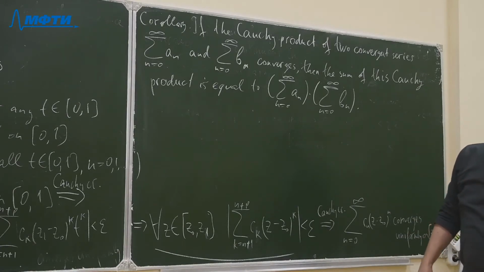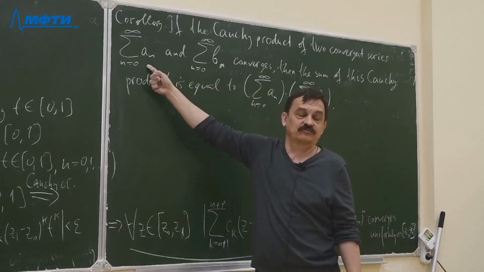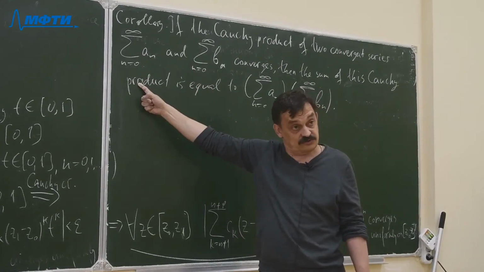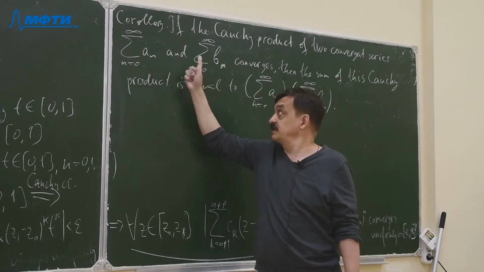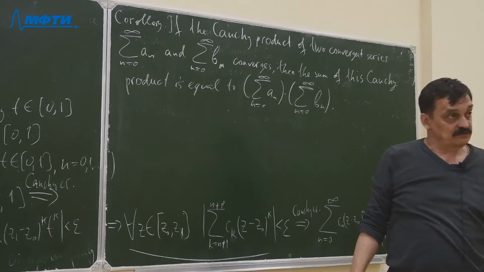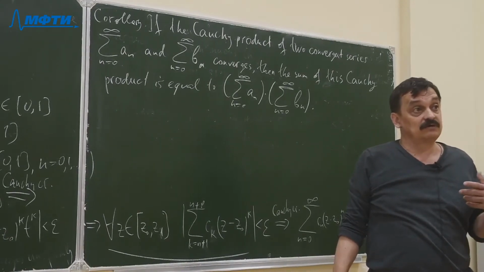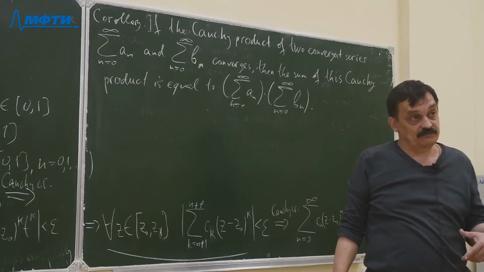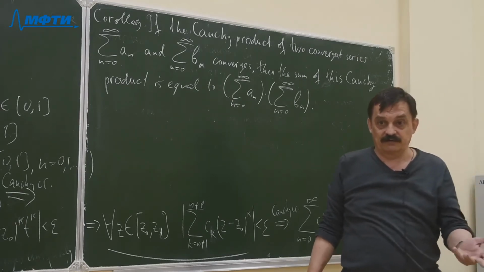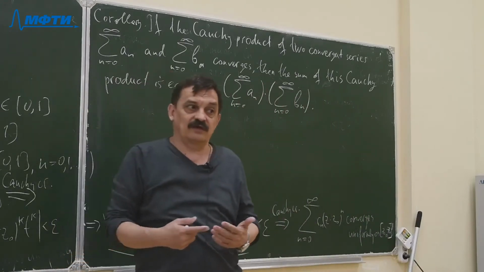But in general, we cannot guarantee that the Cauchy product of two conditionally convergent series converges. Both series might be convergent conditionally, but the Cauchy product may be divergent. There was an example, (-1)^n over square root of n. We consider the Cauchy product of this series with itself, and it diverges.